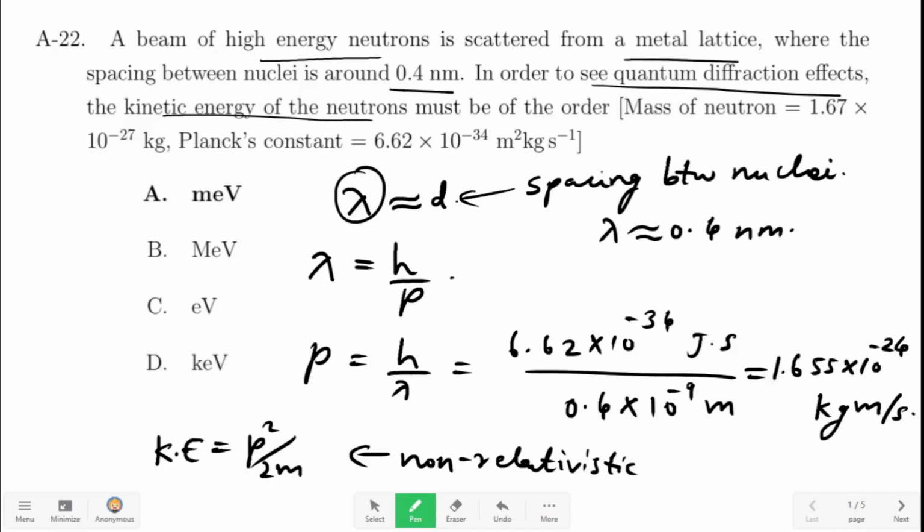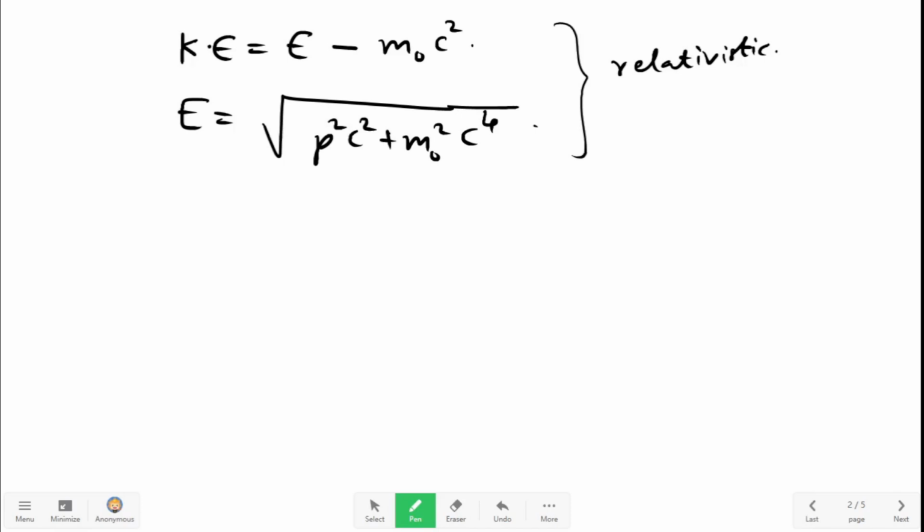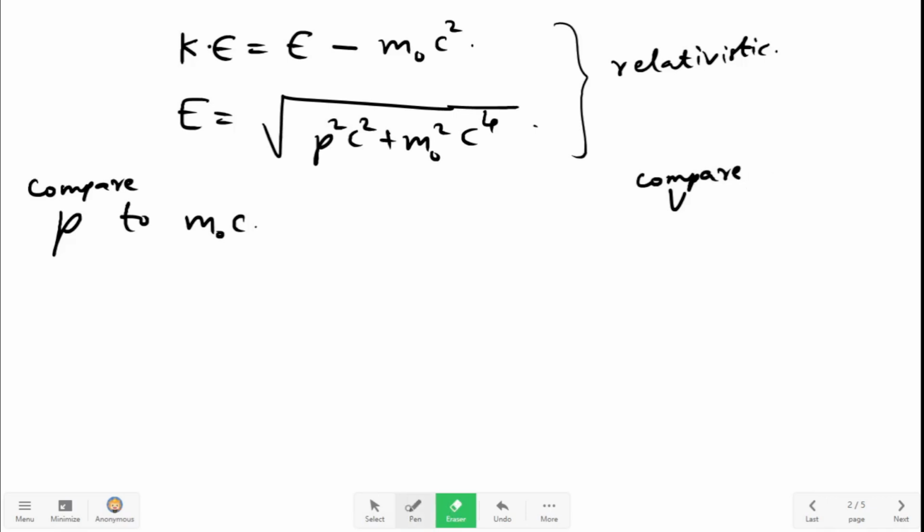Now in this problem, are we dealing with the relativistic case or non-relativistic case? To decide that, we can compare momentum p to m naught c. If you are given velocity, then you should compare v with c.